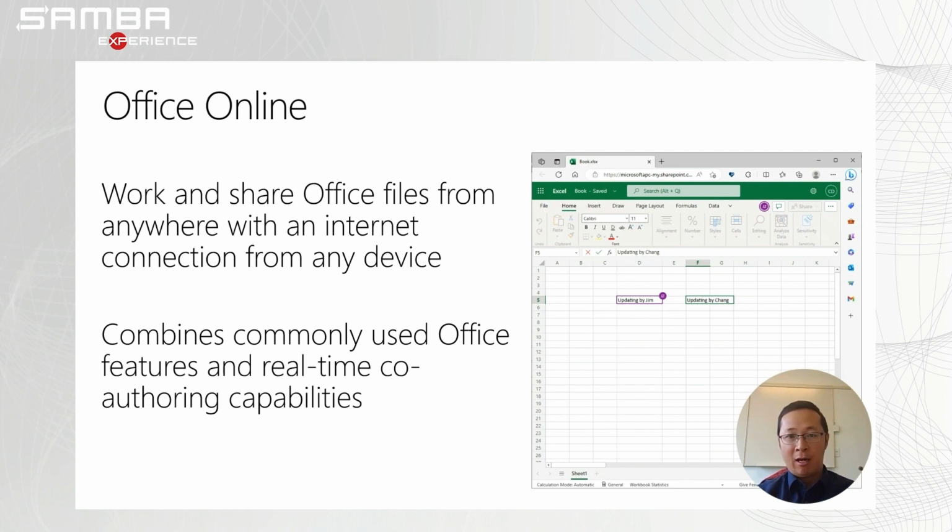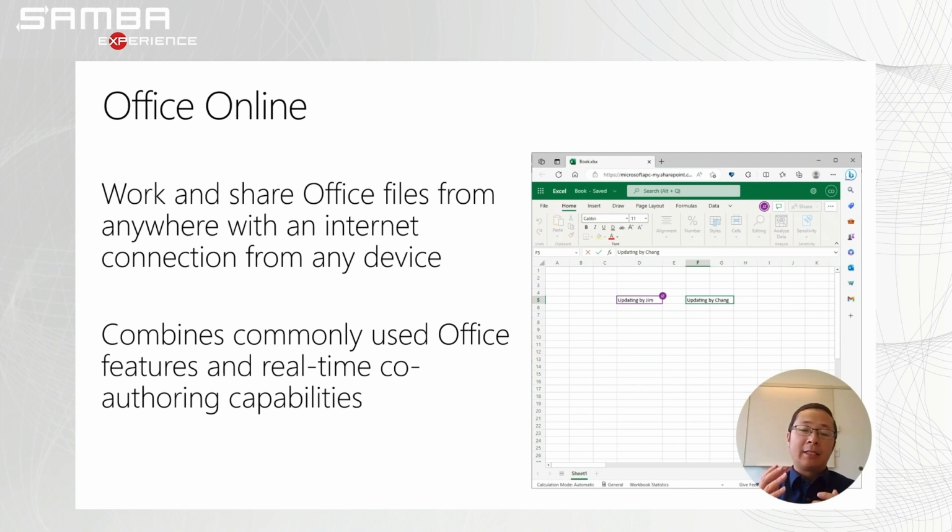Previously, Office was on-prem. You needed to install the Office application on your local machine and open it from your local PC. But Office Online provides the ability to open, view, and edit the Office files which are hosted in the cloud storage without actually installing the Office applications.